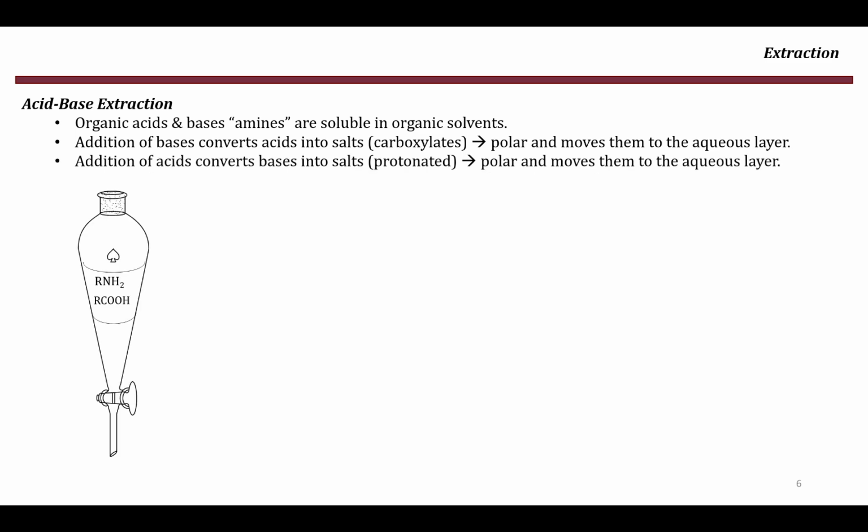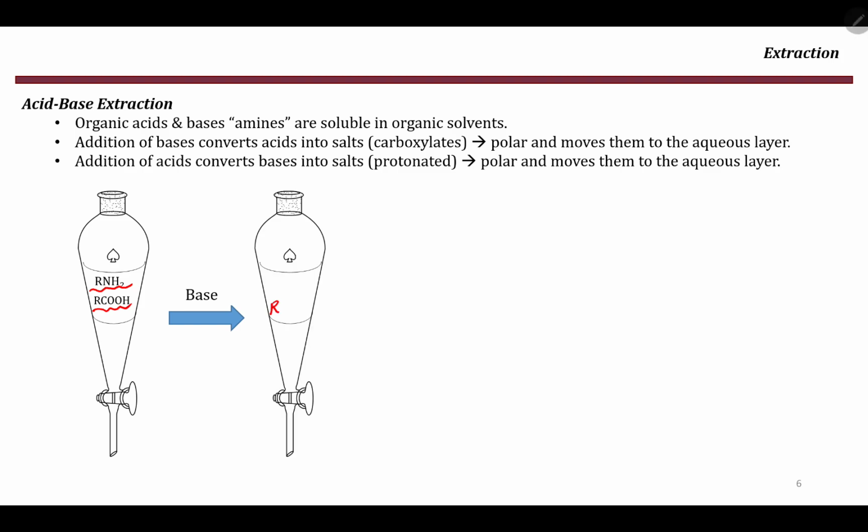Let me just look at this. So look at this figure here. This is an amine and this is a carboxylic acid. Now, at the beginning, both of them will be soluble in the organic solvent because they are organic compounds. However, when I add base, the base is going to convert the acid into RCOO minus, the carboxylate or the salt.